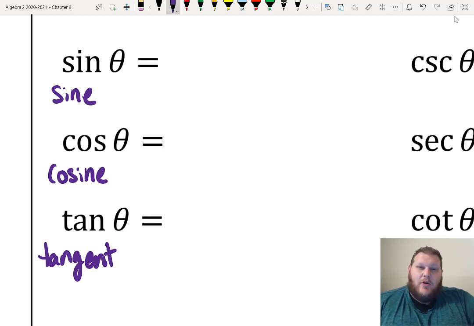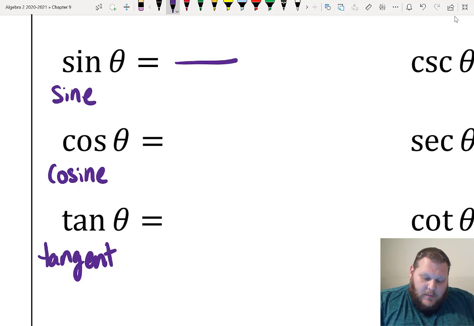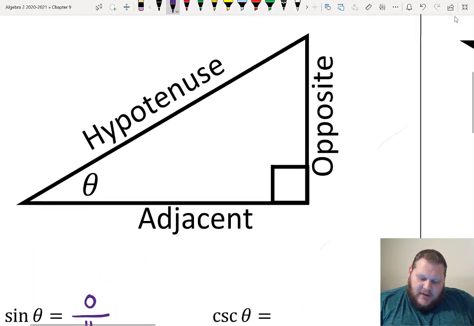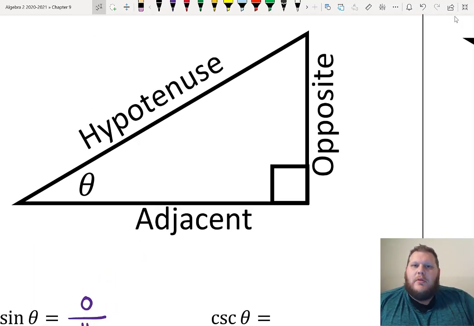You may or may not have seen the other 3 that we'll cover. The sine of a right triangle is the relationship between the opposite and the hypotenuse, which I can abbreviate using the first letters: O, A, and H. Opposite, adjacent, hypotenuse.